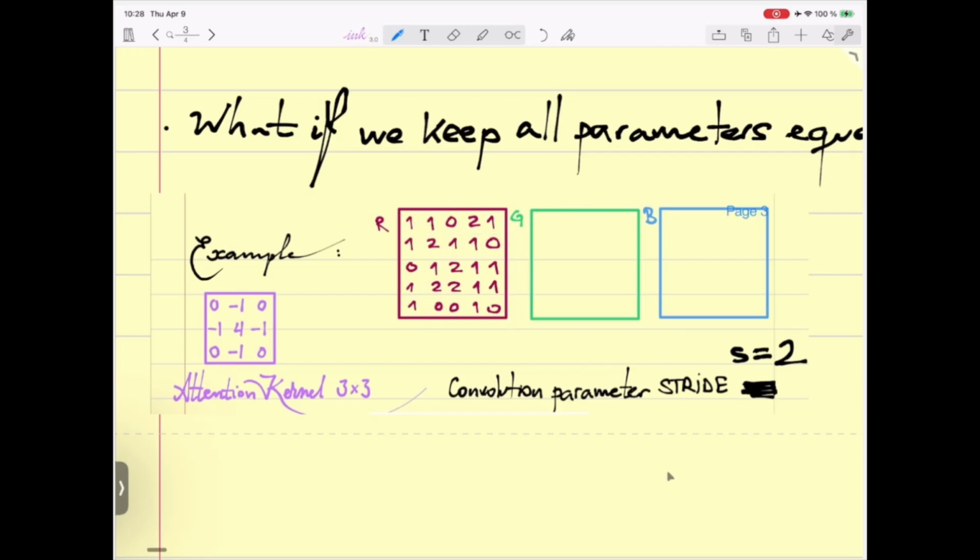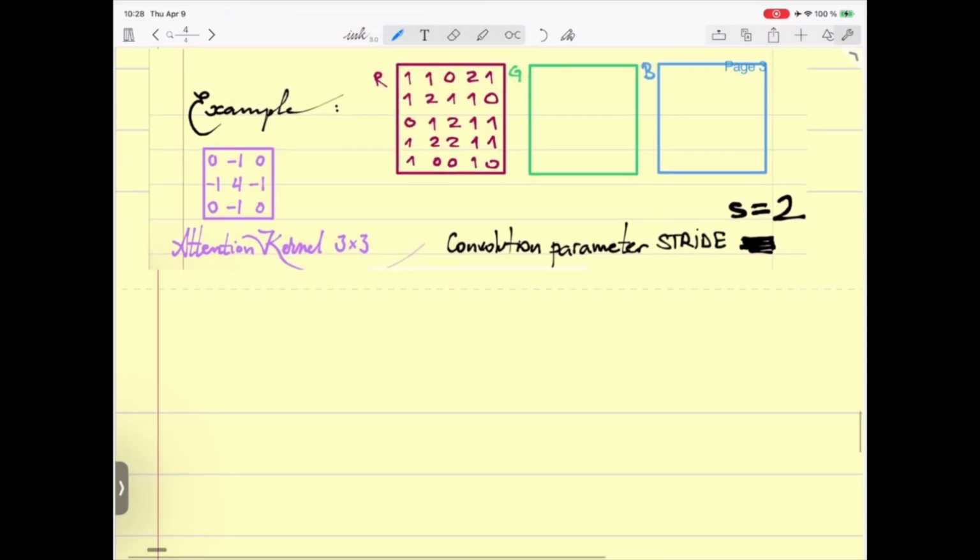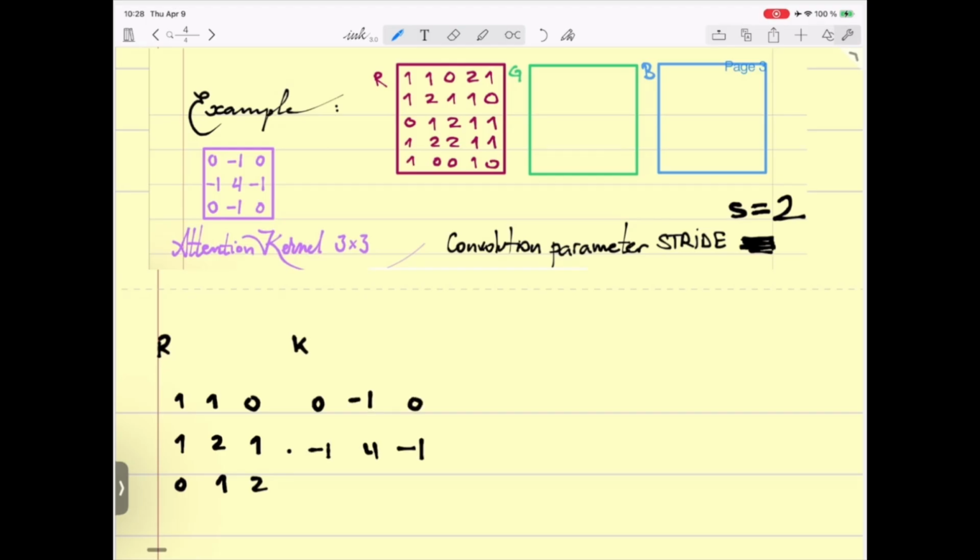So what we're getting is, instead of multiplying 1, 1, 0, 1 to 1, 0, 1, 2, this is the red, this is the kernel, 0, minus 1, 0, minus 1, 4, minus 1, 0, minus 1, 0.